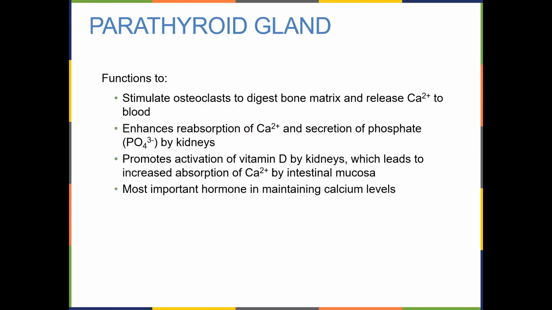Now, what does parathyroid hormone do? I think I said this wrong earlier. I said osteoblast. It stimulates osteoclasts, the bone-breaking cells, to digest bone and release the calcium. They act like lysosomes and simply dissolve away the bone.